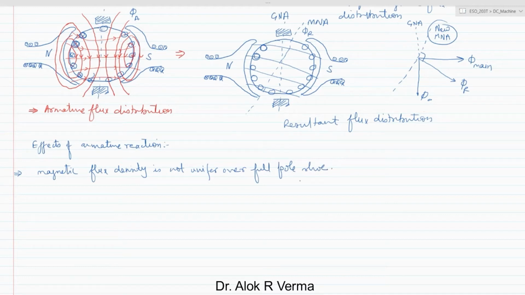It is increased over one half of the pole and decreased over the other half of the pole.